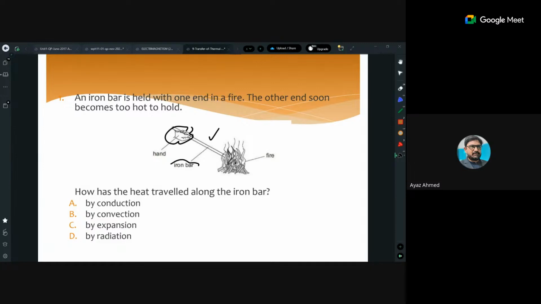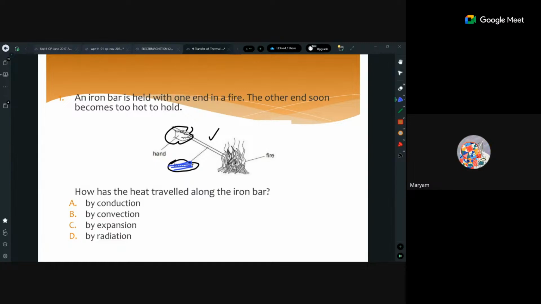If it is written that it is made up of iron, so definitely it would conduct. But if it is not written anything, it is just a solid rod, then what will you say? That rod is a very good conductor in which the heat reaches to your hand more rapidly or quickly in short time. Got it?